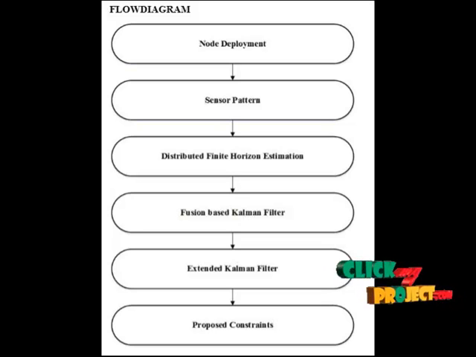In the extended Kalman filter, the above linearized approach is extended to the non-linear Kalman filter, termed the extended Kalman filter. Using this non-linear nature, the positional, velocity and acceleration errors are estimated. Finally, for our proposed constraint, how the energy and efficiency, bandwidth and capacity vary is estimated in this block.